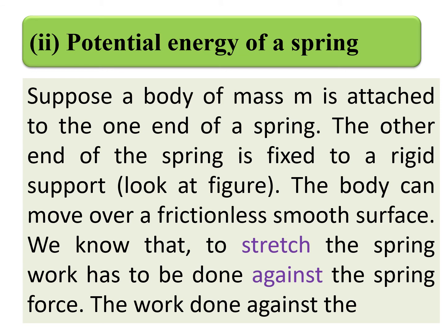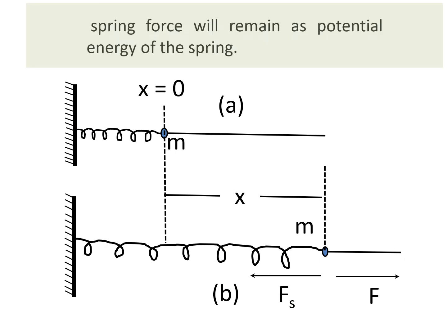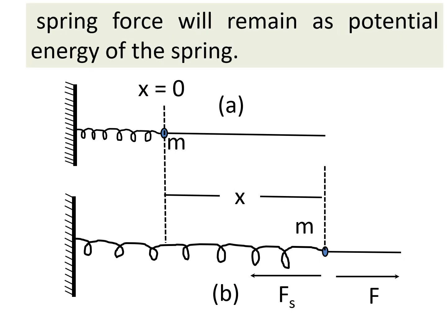You know that to stretch the spring, work has to be done against the spring force. The work done against the spring force will remain as potential energy of the spring.